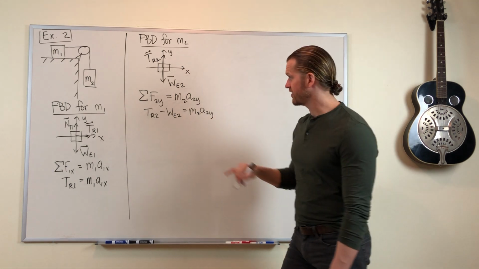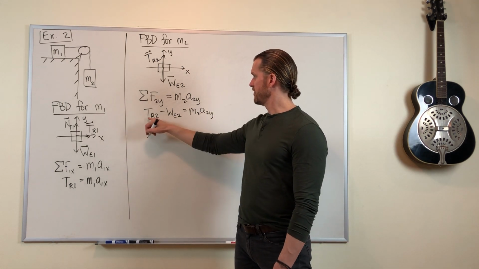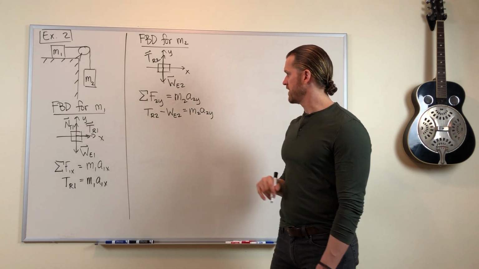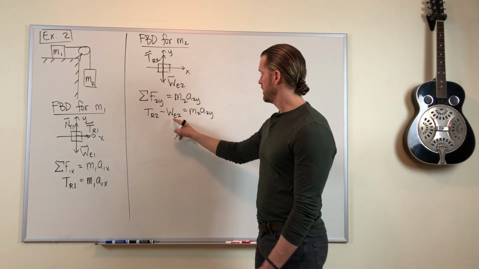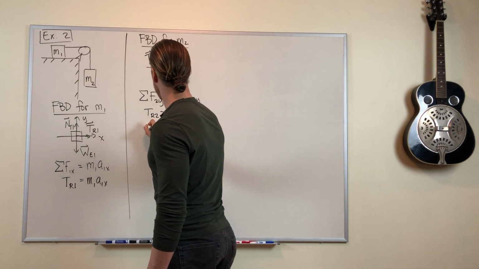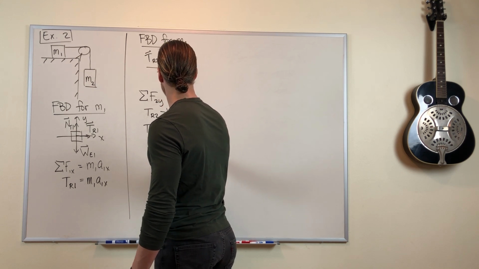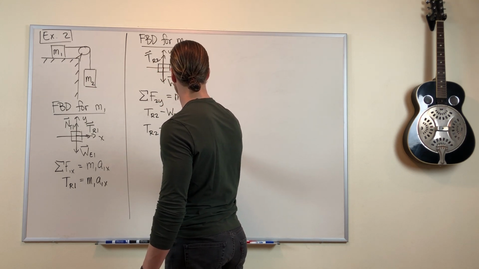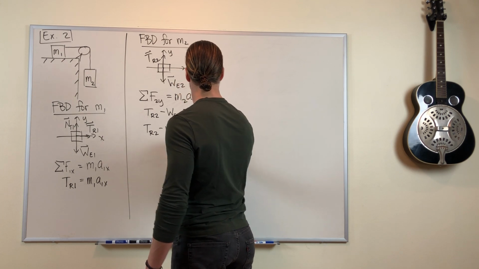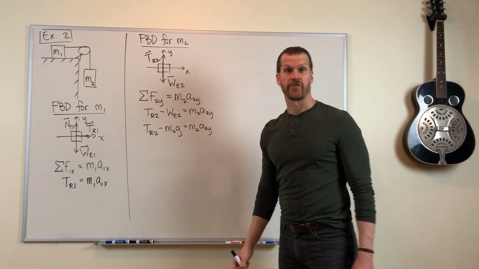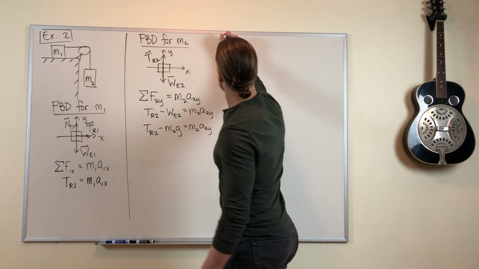And once again, we're stuck because we don't know the value of T, we don't know the value of acceleration. Let me substitute our usual formula for gravity in there. It's m2g. We're still stuck though.